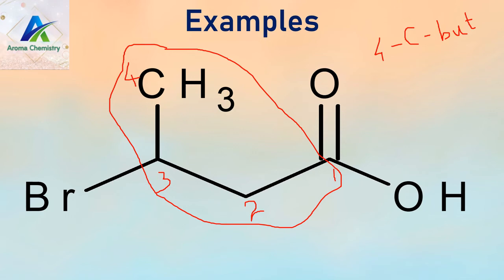Suppose if you like to name this 1, 2, 3 and 4, this is wrong way of numbering, because the main principal functional group we select the least number. So acid is a main functional group, so we select as a least number of carbons are present. So I select 1 acid. Acid is a suffix, so we use oic acid.